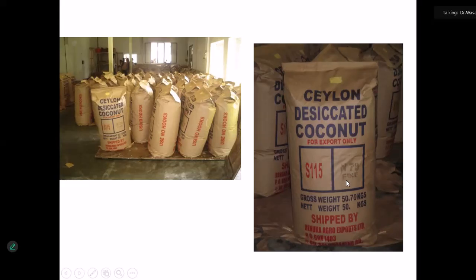Then the grade of coconut DC, fine grade. Then the number given by the CDA. Then the gross weight with the bag, net weight 50 kilograms. And who is the exporter, shipped by Renuka Agro Exporter. So all this information should be there.